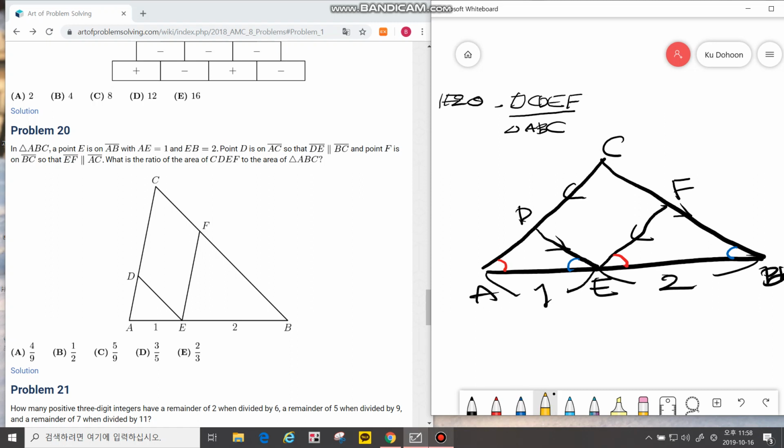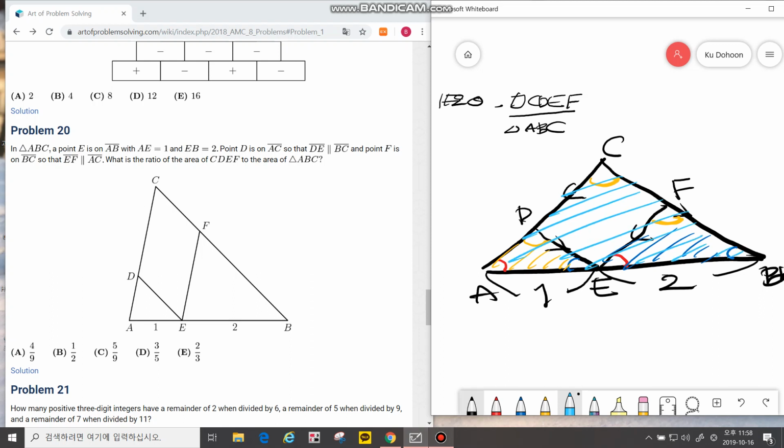Now, we have yellow angles here and here that are congruent because the segment CF and DE are parallel. Then we have another yellow angle here. So we have three similar triangles. The smallest one is this yellow one, the second smallest is this blue one, and the largest one is this sky blue one.